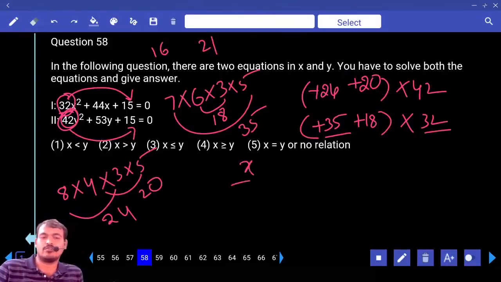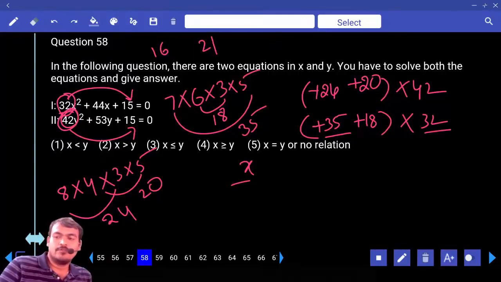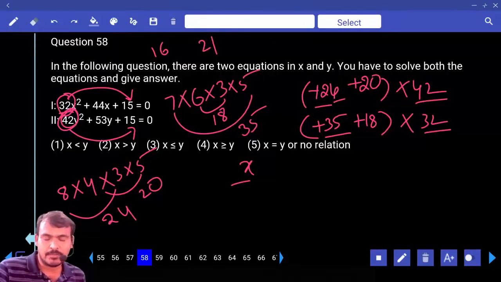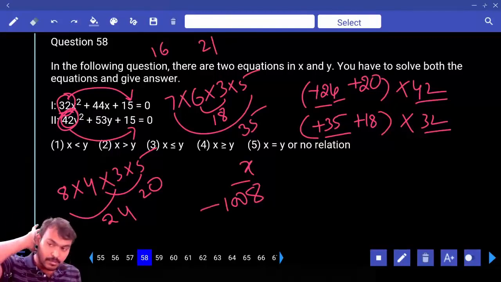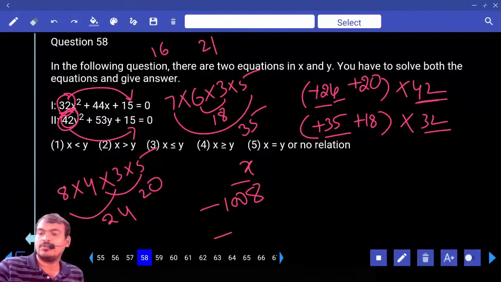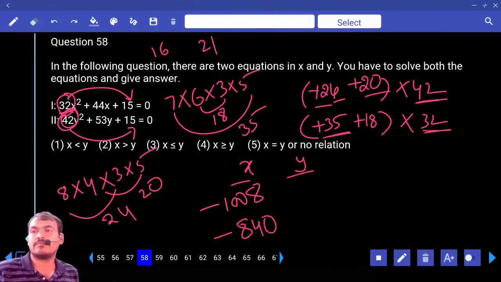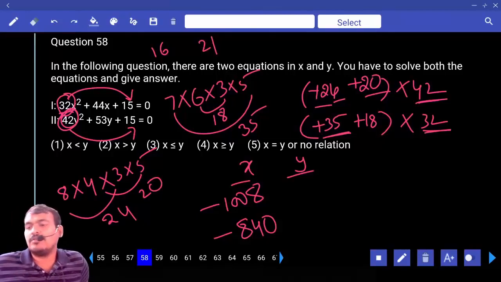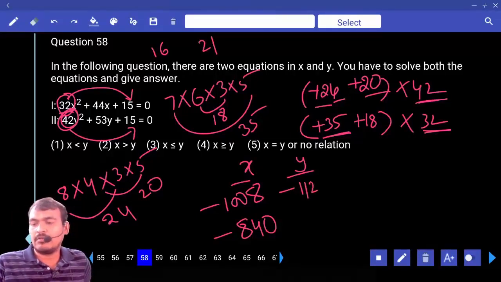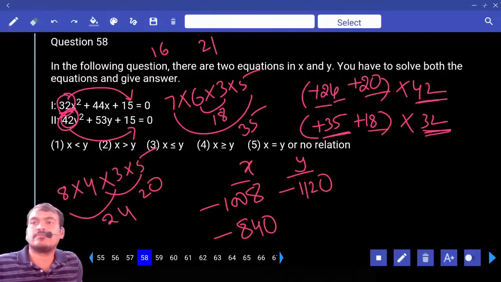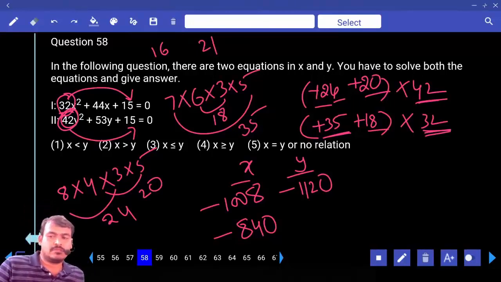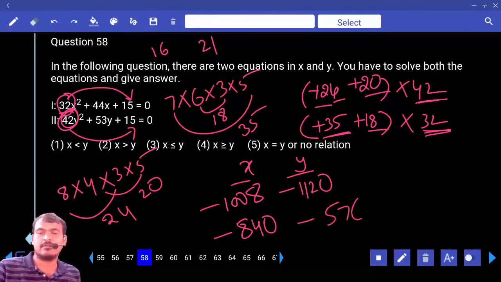First, 24 into 42 how much? 840 plus 168, 1008, or not? Minus 1008 or plus 1008? Minus 1008. 42 into 20 is 840, or not? Next, y values. 32 into how much value? 35. 1050 plus 70, 1120, or not? 18 into 32: 540 plus 36, 576, or not?